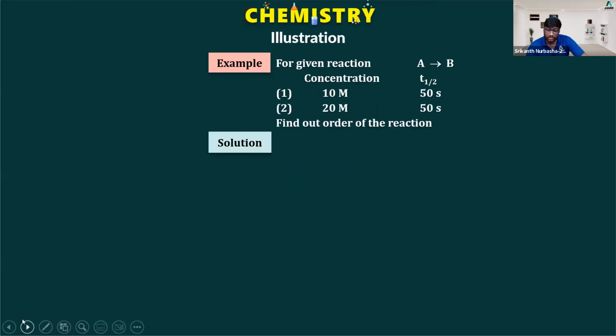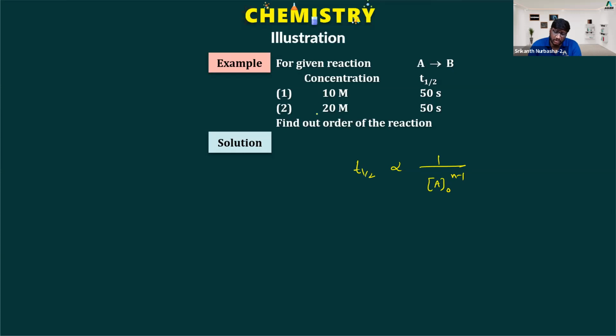Try to solve this question. For the given reaction A to B, concentration 10 molar, T half 50 seconds; concentration 20 molar, T half is again 50 seconds. Find out the order of the reaction. We know T half is inversely proportional to initial concentration power n minus 1.